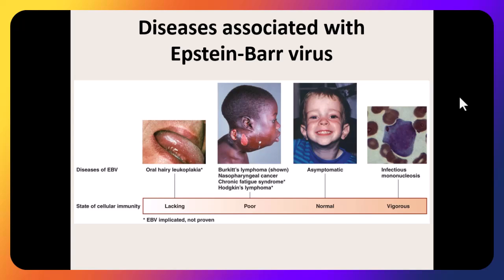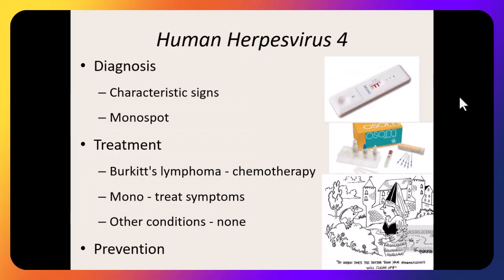It can develop into a cancer known as Burkitt's lymphoma, nasopharyngeal cancer, chronic fatigue syndrome, Hodgkin's lymphoma. And it can also develop an oral cancer known as oral hairy leukoplakia. You get these little cancerous growths on the sides of your tongue. It's not really hairy. Because of those extensions on your tongue, they called it hairy.